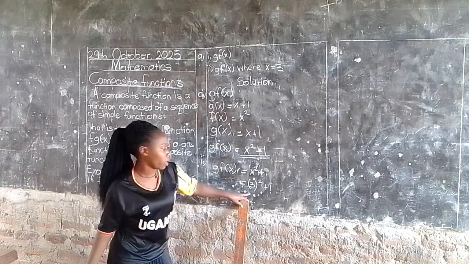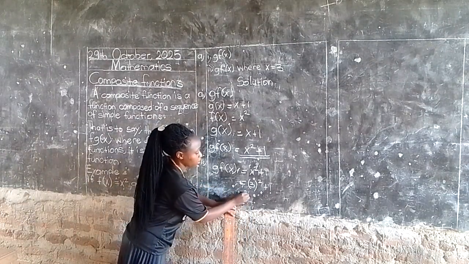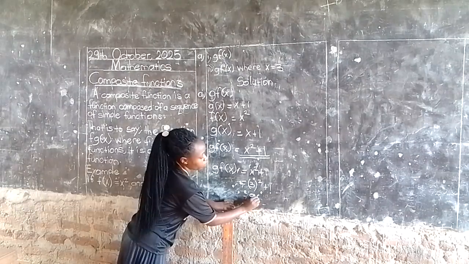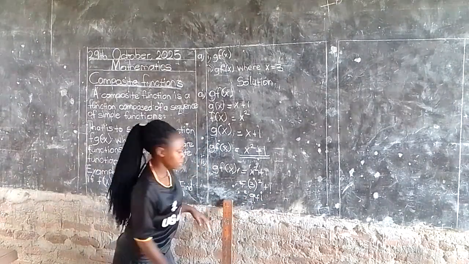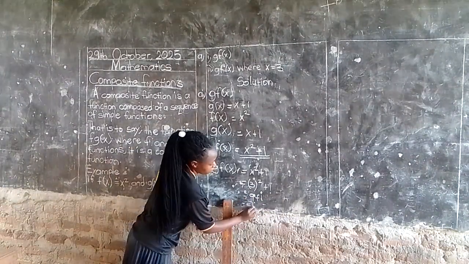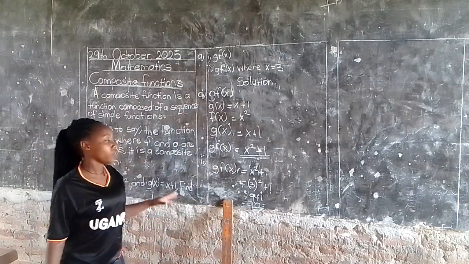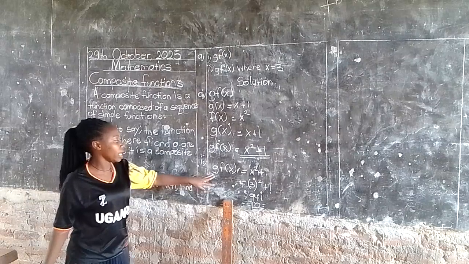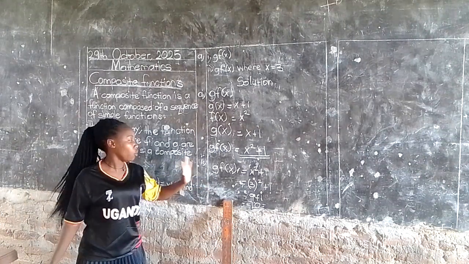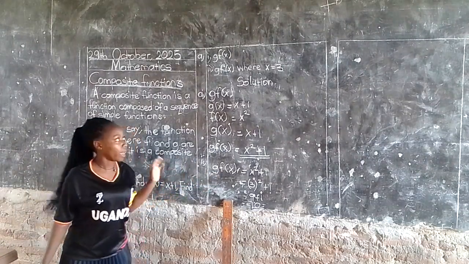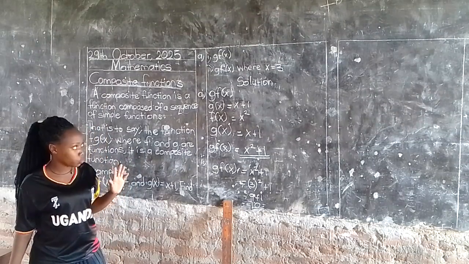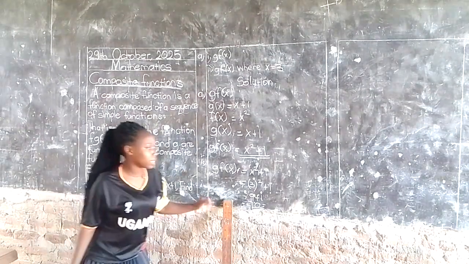So 3 squared, that is 9. 9 plus 1, that is 10. So that is our Roman 2. They asked us to find g of f of x where x equals 3, so that is our answer.